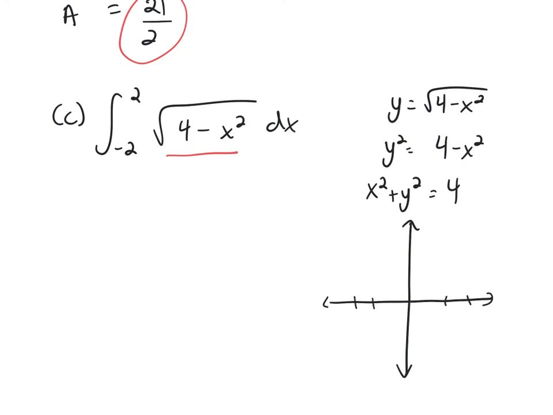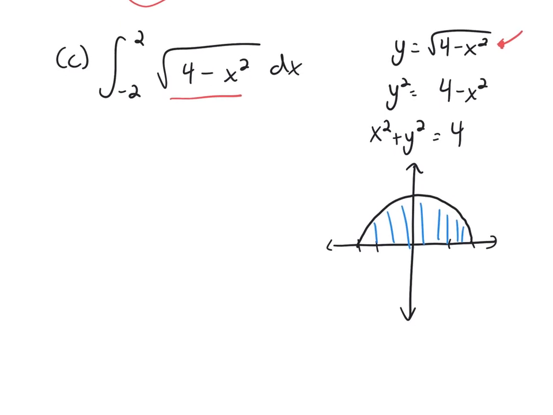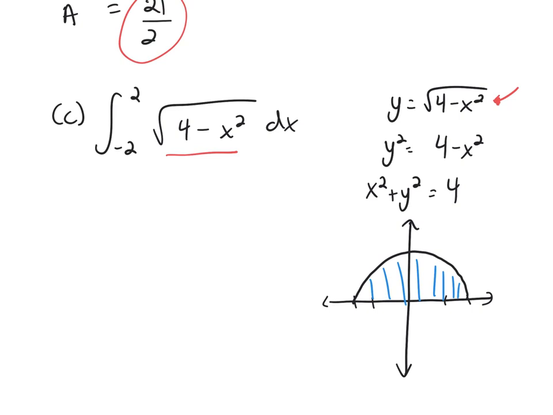If you look back at your y equation, y is in terms of a square root, so the y is only positive, and so it's only going to be the upper half of a circle of radius 2. So here's my region. X goes from -2 to 2, according to my bounds here on the integral.